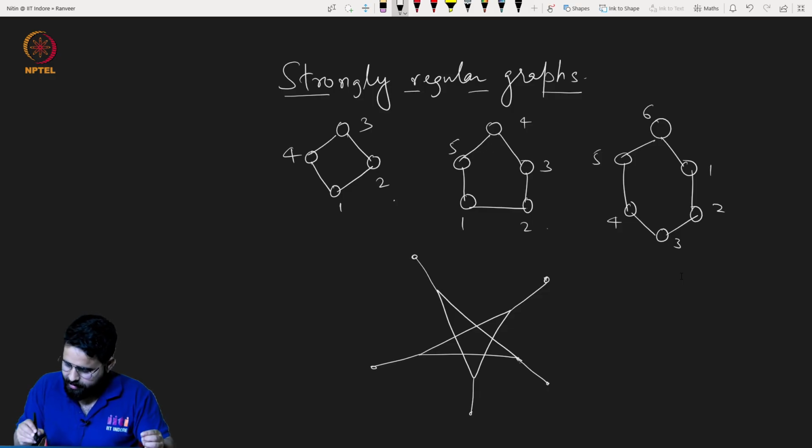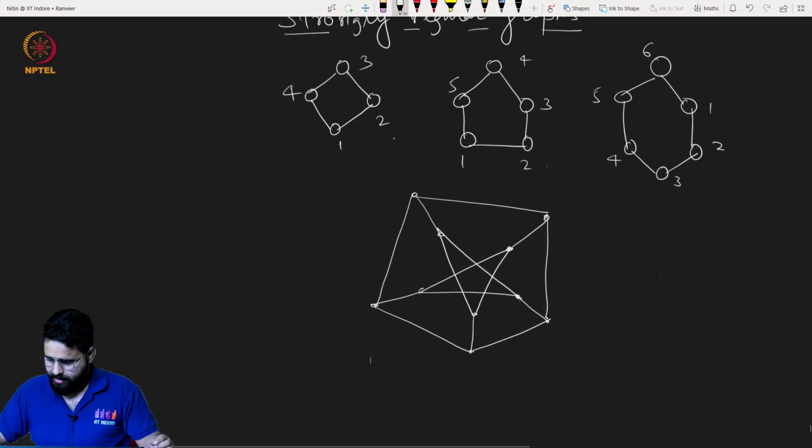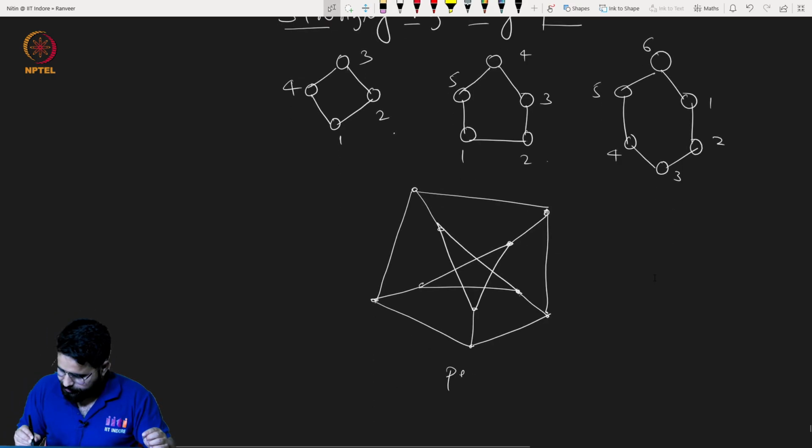Sorry, earlier I denoted vertices as circles, but now I am denoting them as points. This is the Petersen graph.